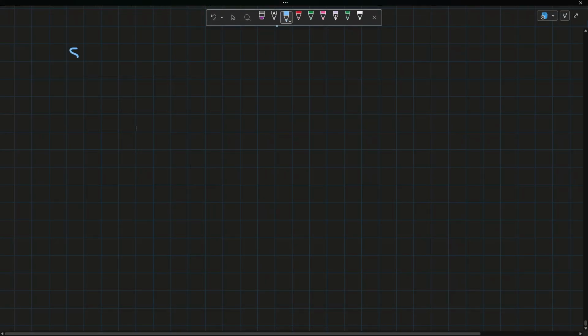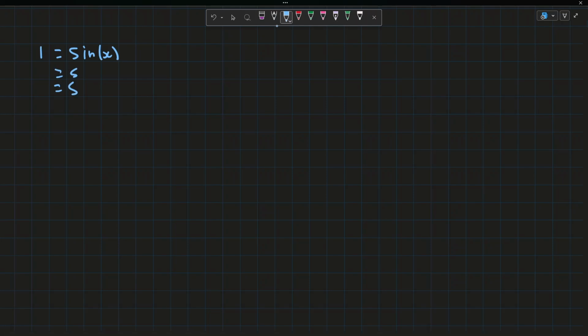So if I have sine of x, and that gives me a 1, for example, then whatever I put into it came from doing sine of pi on 2.